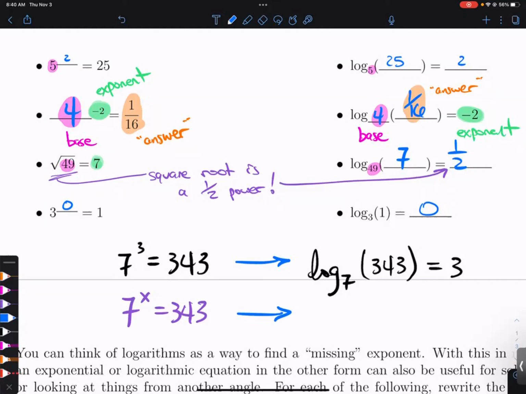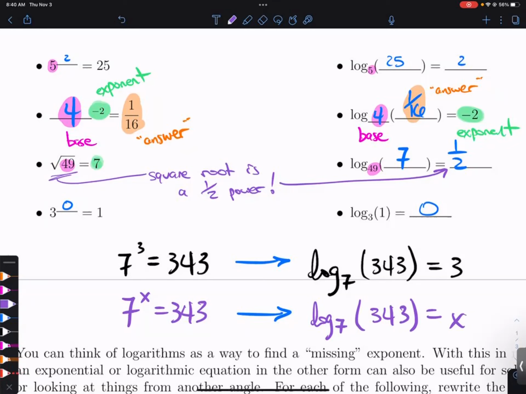Or rewrite it as a logarithm. What would that look like? The second line, the one in purple, what would that look like as a logarithm? The log base 7 of 343 is x.